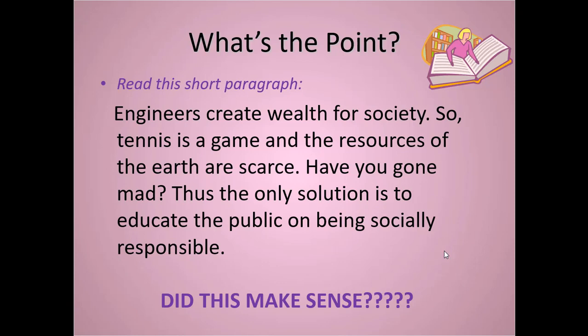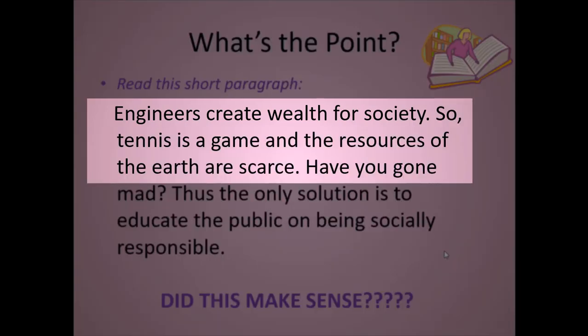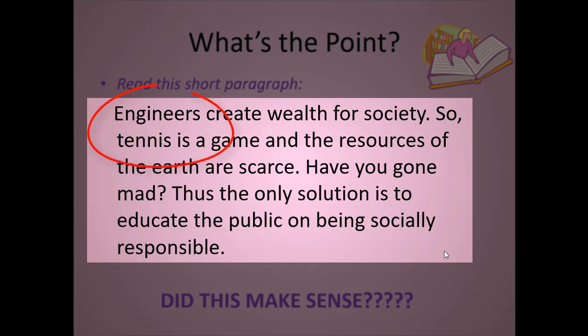Look, the first sentence is: engineers create wealth for society. And then, what is the next sentence? So tennis is a game and the resources of the earth are scarce. So the first sentence is about engineers and what engineers should do for the society, and then the next sentence is about tennis, so it's not connected.